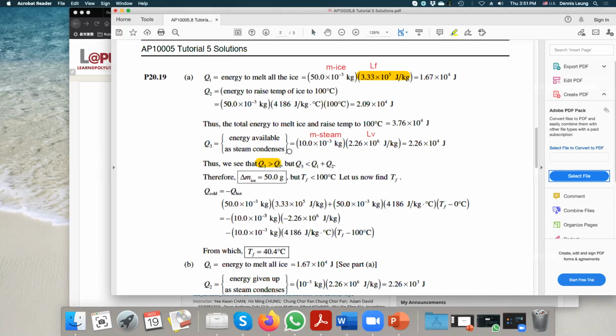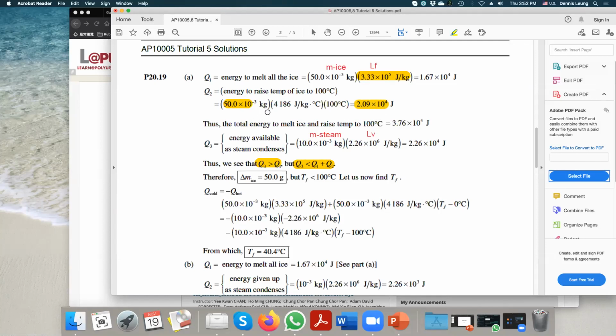But at the same time, Q1 is smaller than Q1 plus Q2. What is Q2? Q2 refers to the energy required to heat up all the water. Originally ice, you heat up all the melted ice, 50 grams, from 0 degrees C to 100 degrees C. It requires 2.09 times 10 to the power 4 joule.